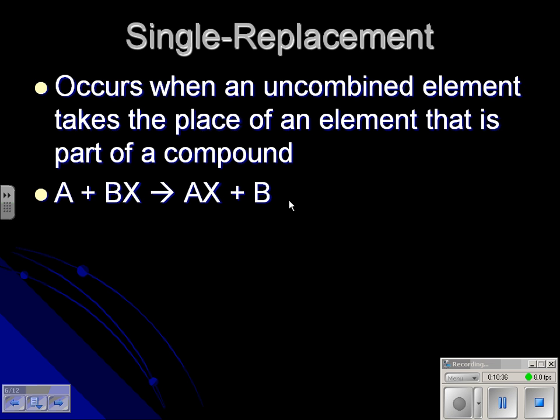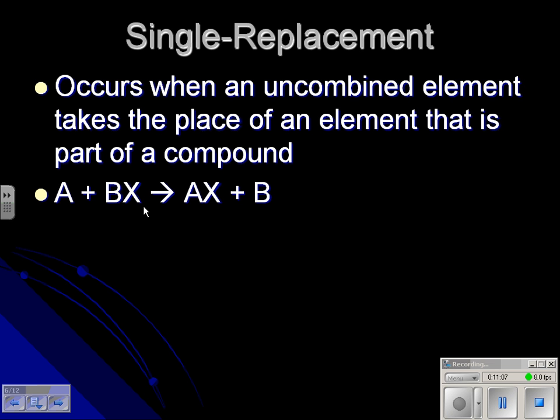So that's essentially what's happening here, is it's bumping it out. And these reactions don't always occur. I'm only going to give you ones that do occur, but it's possible if the girl's already with a good boyfriend, then this won't happen. Okay, and that has to do with something called an activity series, that if compounds are already in a combination that makes the better pairing, then this reaction doesn't happen.